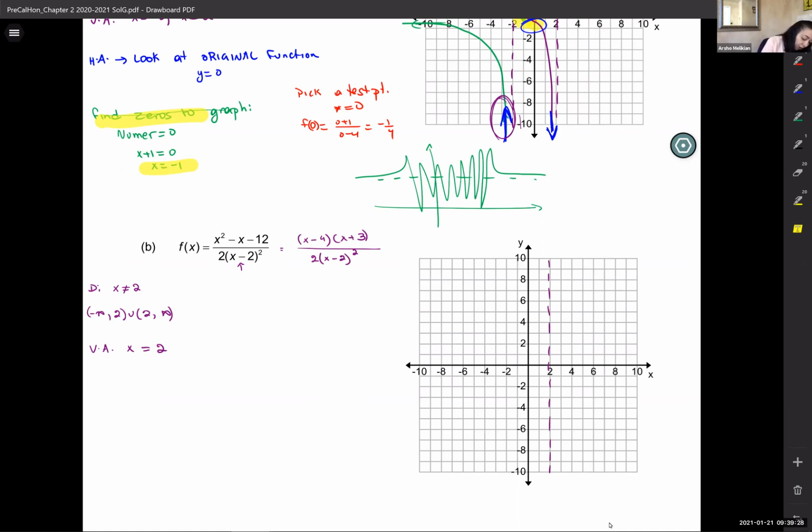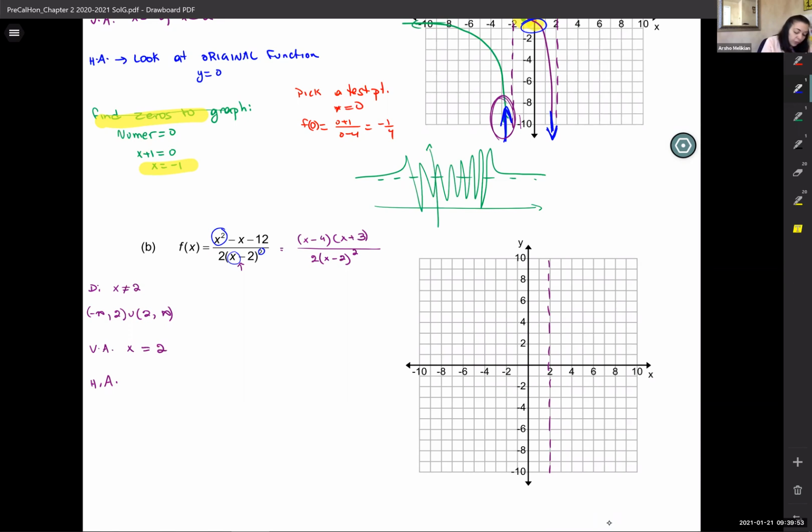All right, horizontal asymptote then. I always like to go back to the original function, just because it might be a little bit more clear. So here I have an x squared, but look at the denominator. I have an x squared. Remember, that's how we looked at leading terms before as well.